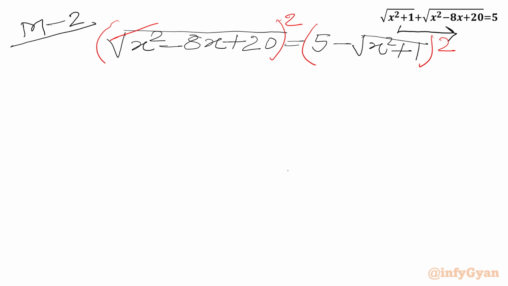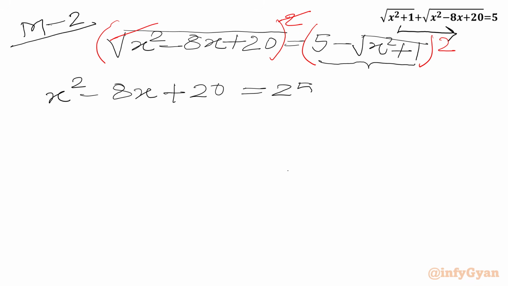The square root and the square will get cancelled from LHS. We will get x square minus 8x plus 20 in LHS, and in RHS we will be using the a minus b whole square formula. So a square will be 25 plus b square will be x square plus 1 minus 2 times 5 times square root of x square plus 1, which is 10 square root of x square plus 1.